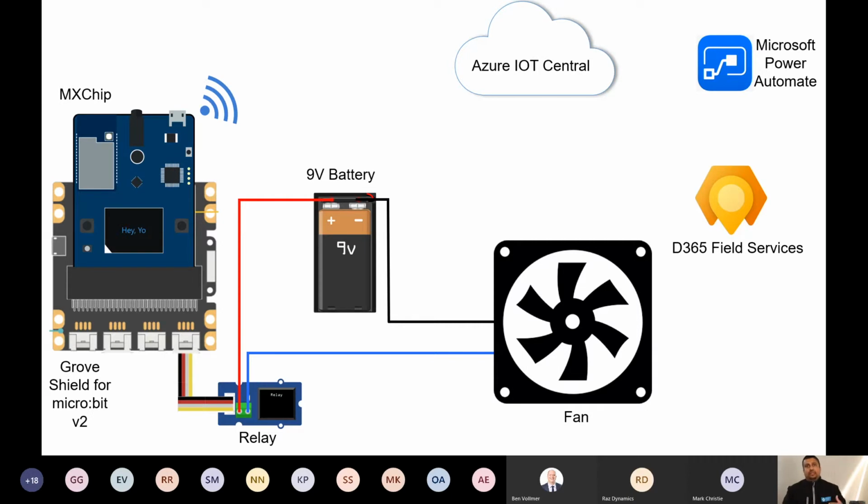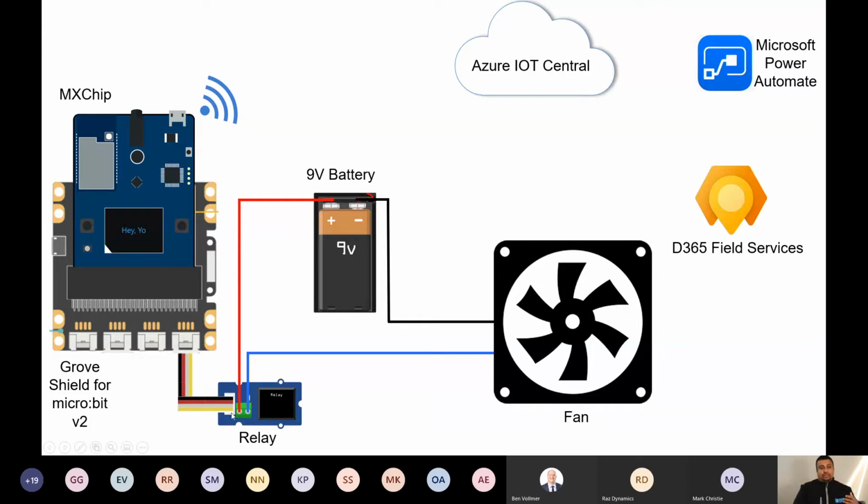But what I've done is I have actually taken this a step further. I have connected this MX chip into what we call a Groove Shield, which is basically an I/O extension board. It gives us the ability to connect the MX chip into external devices. So I have connected this MX chip into a relay, which is basically acting as a switch.